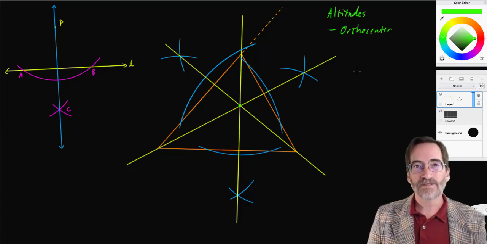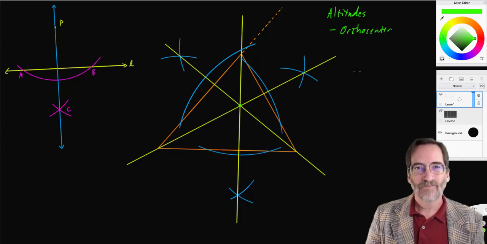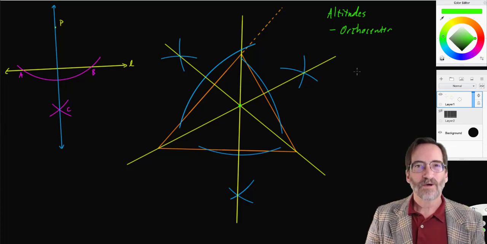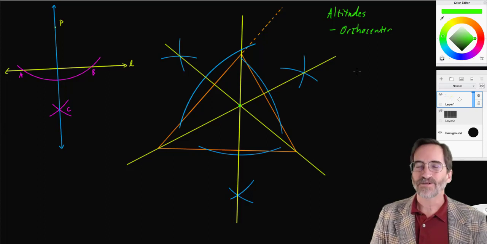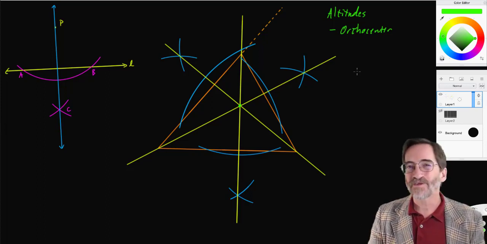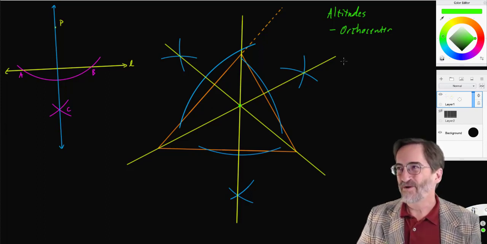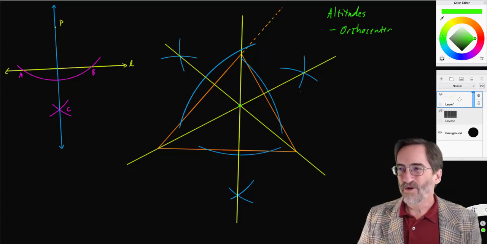Orthotics are inserts you can put into your shoes to help you stand upright, right? And there are stores that have ortho in the name, and they're usually furniture stores, right? Because they're upright, they're straight. Altitudes meet at a point called the orthocenter.